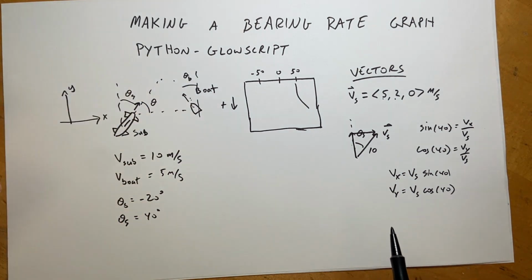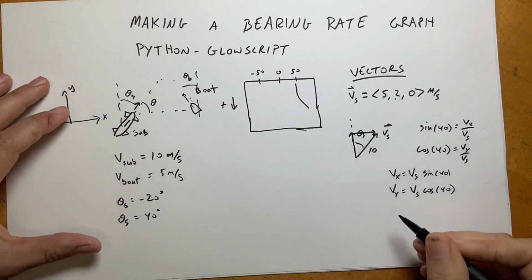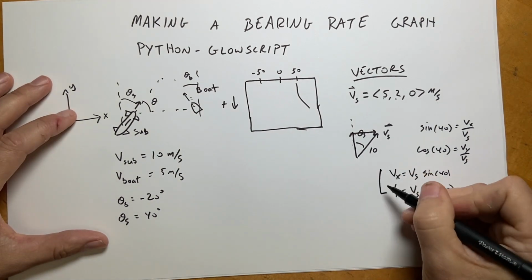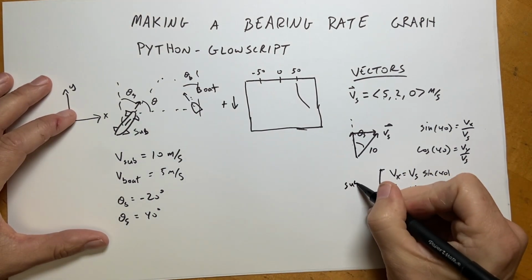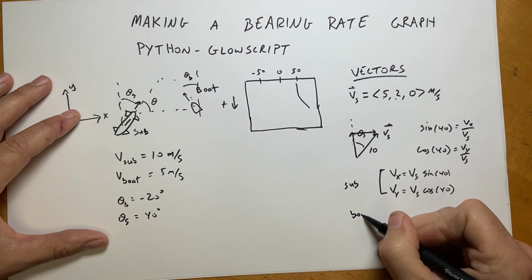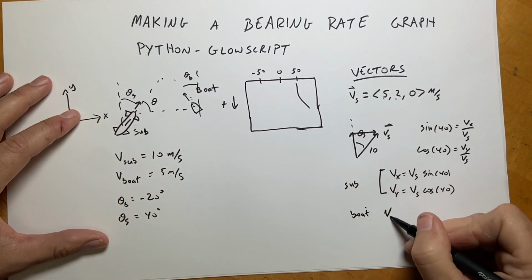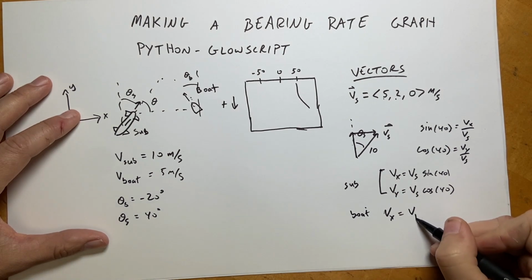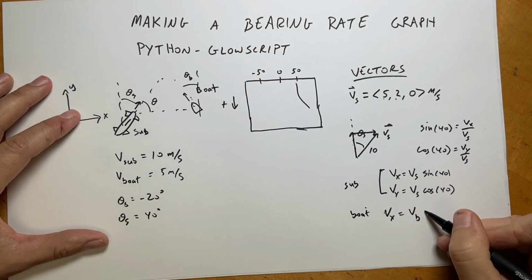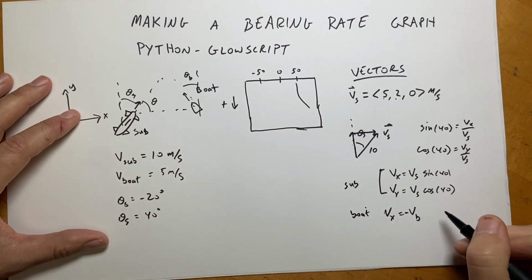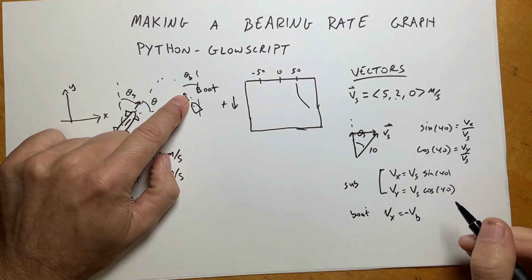I could do the same thing for the boat. All I need to know is its bearing and its direction. So this is for the sub. And then for the boat, Vx equals V boat. And in fact, this one's going to be negative, because if you look over here, my boat's going in the negative x direction.